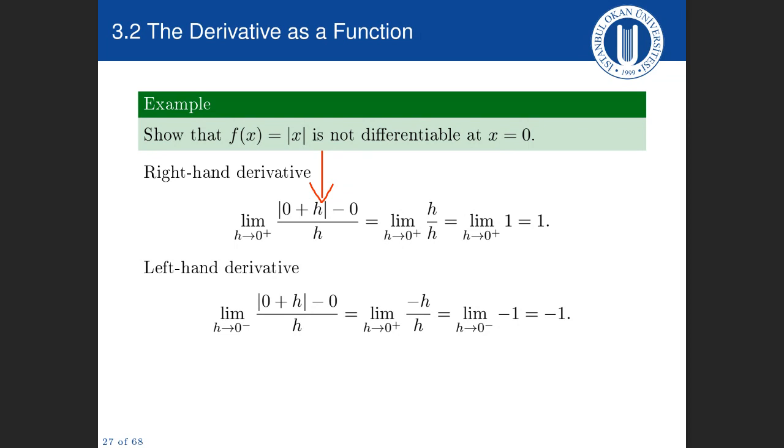If instead we do the left-hand limit, then we're assuming that h is on the left of 0. In other words, we're assuming that h is less than 0. If we do the absolute value of a negative number, we get minus that number. So it's going to be minus h divided by h. There's a typo here. This should be a minus.